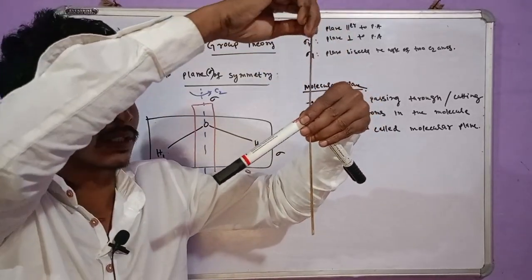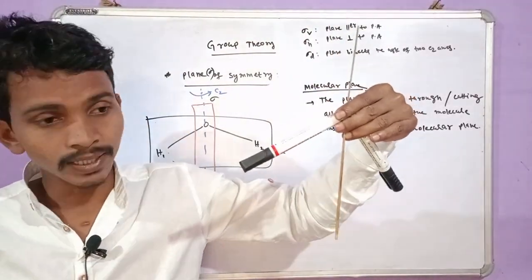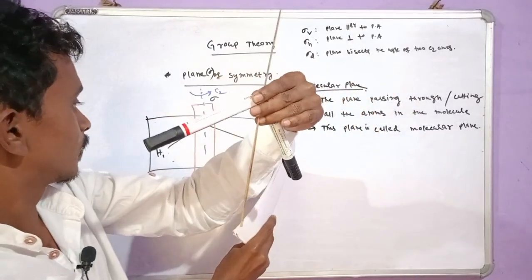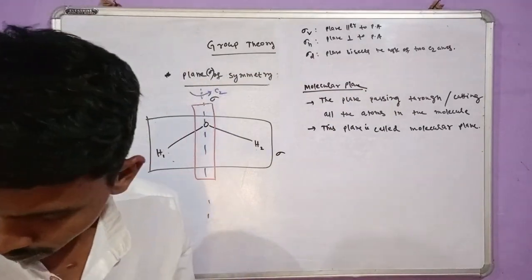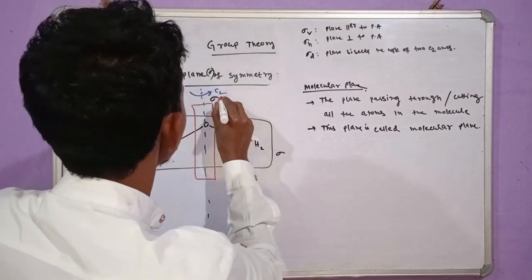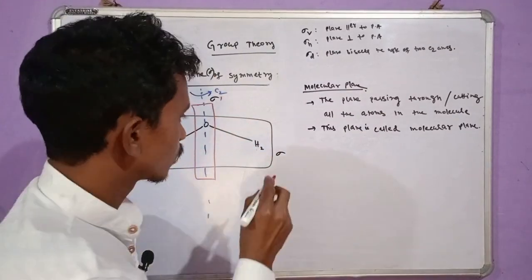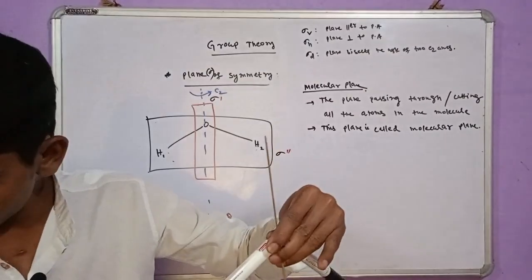For water, C2 is the principal axis. Okay. Now one plane, let's say I call this sigma, and this is sigma dash. Okay. Let's say sigma dash; this is sigma double dash I take. Okay. So two planes.